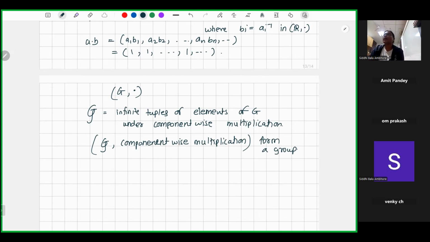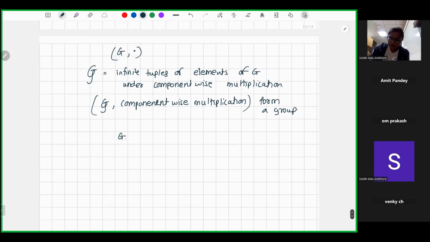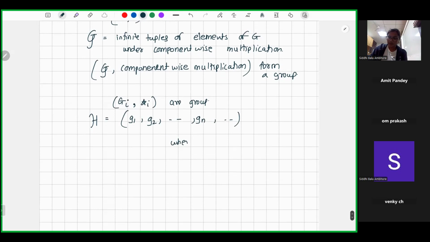And not only do we have to repeat G, we can take any groups Gi with operation star i. Then if I take H such that its elements are G1, G2, Gn and so on, where Gi belongs to the group Gi, this will also form a group.